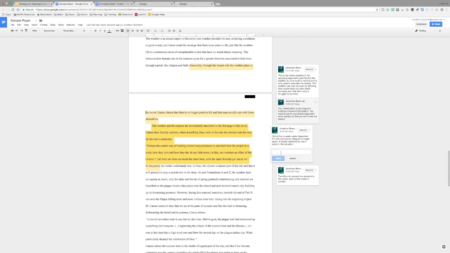The next comment is about quote integration, and the pattern here is that he's using colons to separate the introduction and the quote itself.